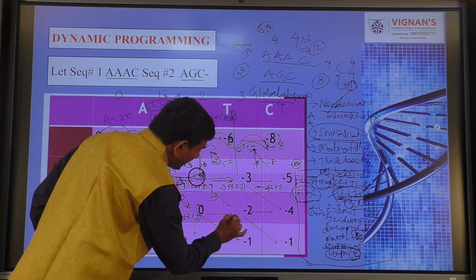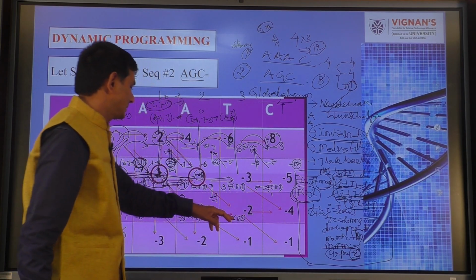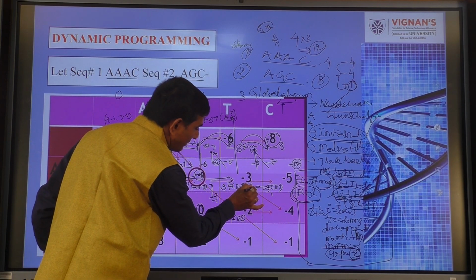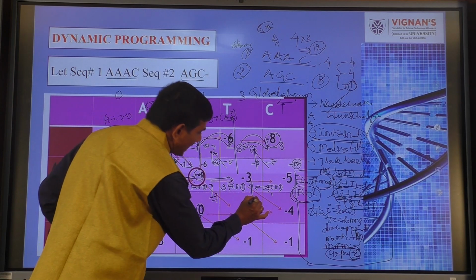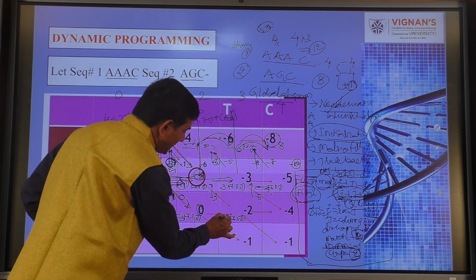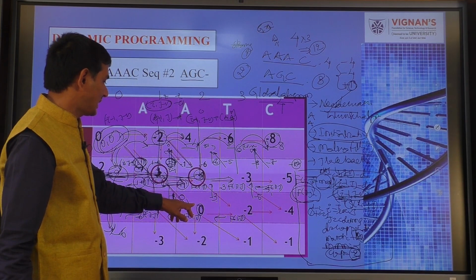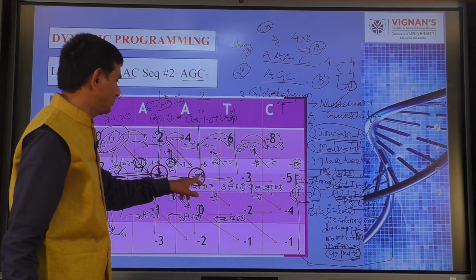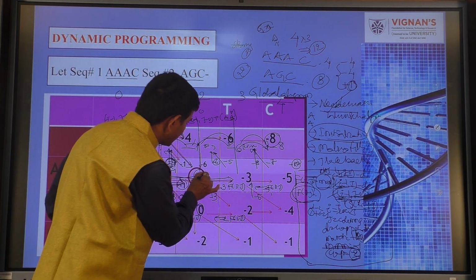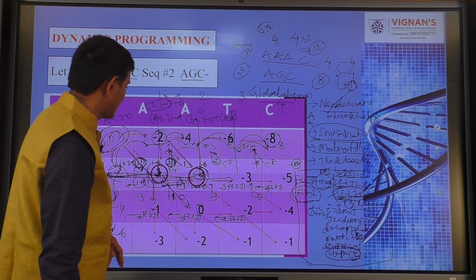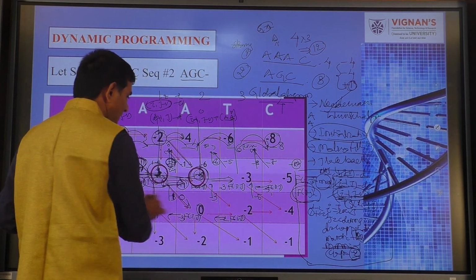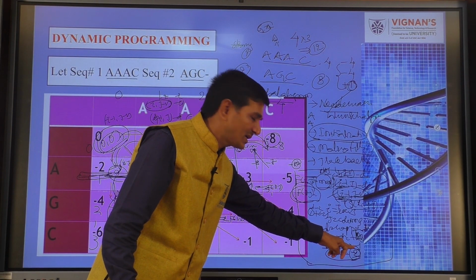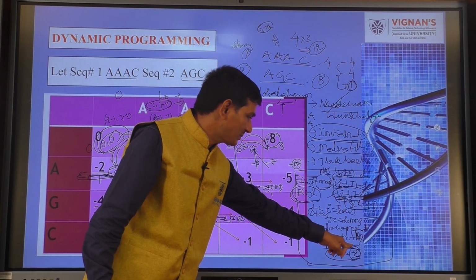Similarly, let us calculate the values for this matrix cell. Change in row, I minus 1 comma j, the value is minus 3, gap of minus 2, minus 5. Change in column, so the value in this I comma j minus 1 cell is 0, 0 minus 2 is minus 2. Next, change in both row and column. So, this cell has a value of minus 1. Coming to the row coordinate, it is G, and the column coordinate is T. So, G versus T is a mismatch, the value assigned for mismatch in the initialization step is minus 1.